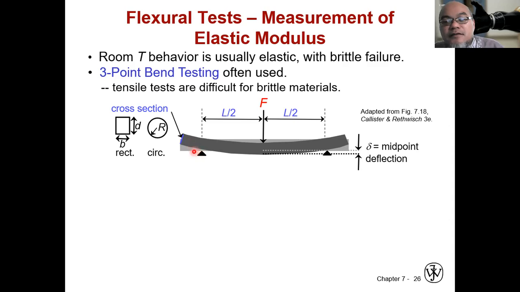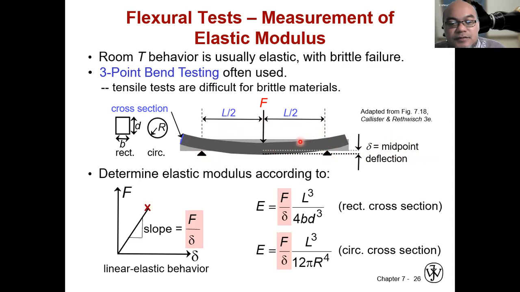The material is held at 2 points, located L/2 apart. The deflection at the middle, compared to this point, is called the midpoint deflection. This midpoint deflection is related to F and L, which can be used to calculate the Young's modulus.